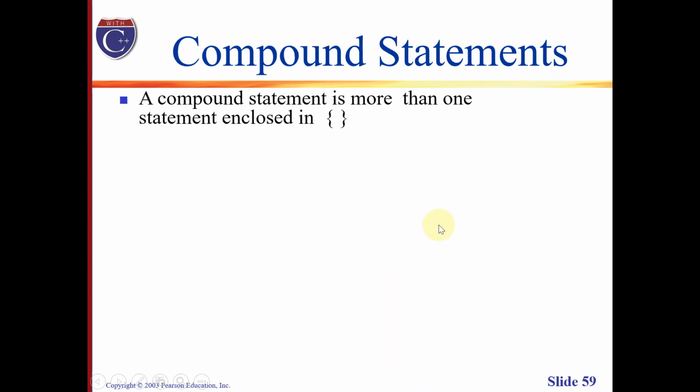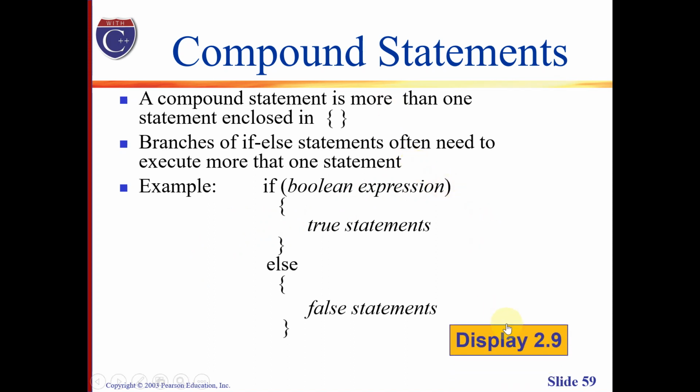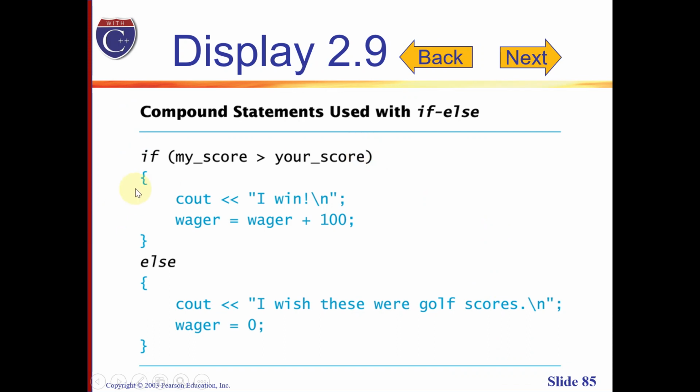We also have compound statements. As we've seen a while ago, a compound statement is more than one statement enclosed in curly braces. This is what we've seen a while ago in our if-else statements. For instance, we have the following example. Next, here's another example.